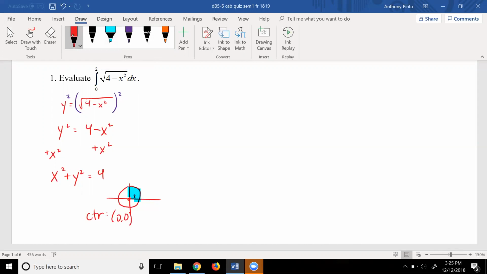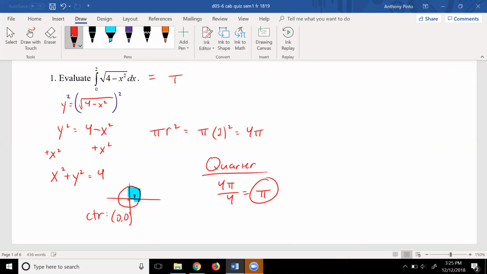So the area of this circle, pi r squared, is equal to pi times 2 squared, or 4 pi. But we only care about a quarter of the circle. So a quarter of the circle is 4 pi divided by 4, which gives us an area of pi, which is our answer to that integral.